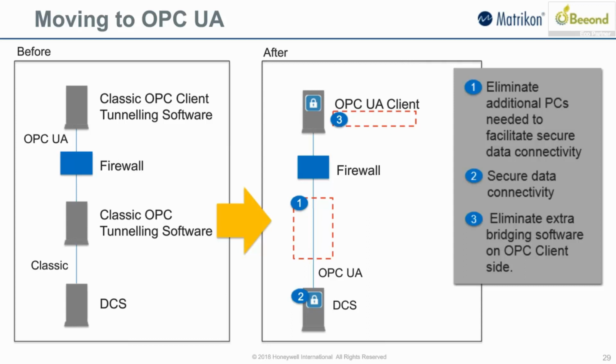Now this is a very simplified view of a before architecture with OPC Classic versus with OPC UA. In reality, and I don't have a slide on it, there's a much bigger picture. OPC UA offers an opportunity for a much different architecture and a way to reduce infrastructure costs, the ability to go to the cloud securely using OPC UA. Things like Azure and Amazon Web Services support OPC UA natively.